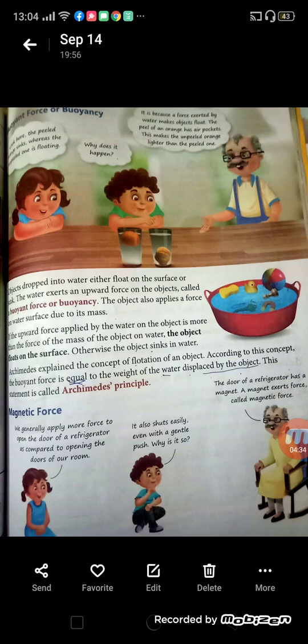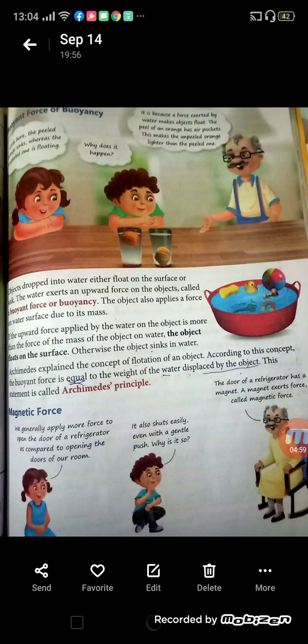But if the upward force applied by the water on the object is less than the force due to the mass of the object, then what will happen? Yes, the object will sink in water. Archimedes explained the concept of flotation and sinking of an object.